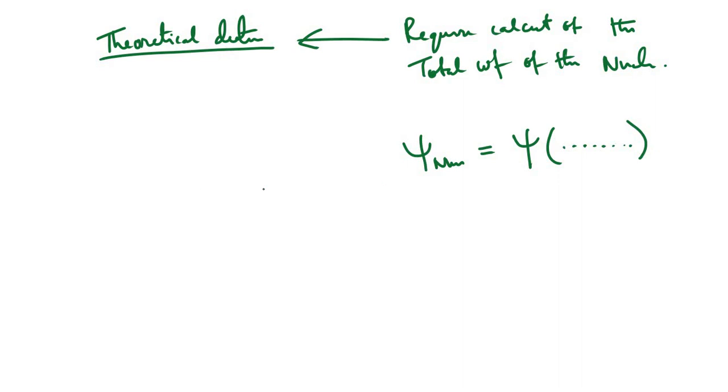Now for our nuclear system, as I have already talked about previously, for A greater than 2, we have to face several difficulties. What are those difficulties?